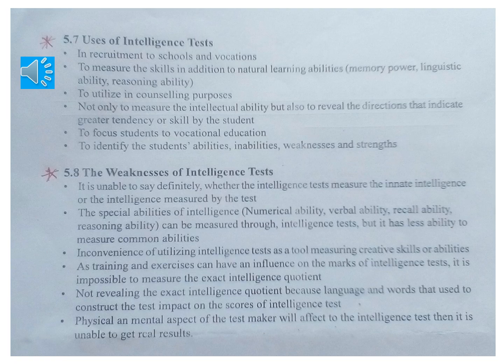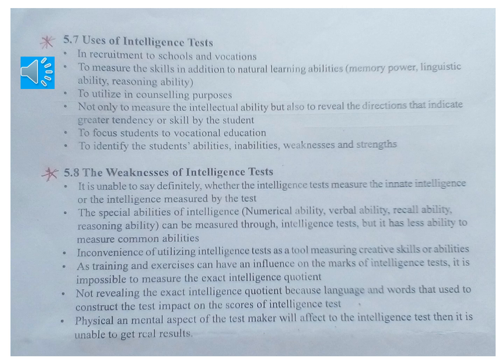Then there are some weaknesses also. Go through these. It is unable to say definitely whether the intelligence test measures the innate intelligence or the intelligence measured by the test. Born intelligence, or just the intelligence tested by the test. Right? We can measure only a particular type of intelligence.